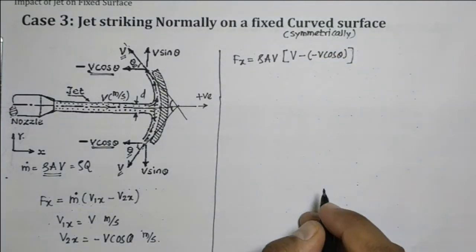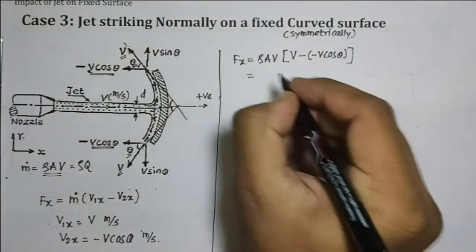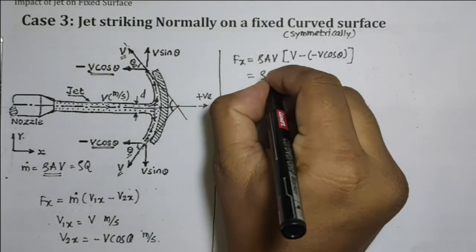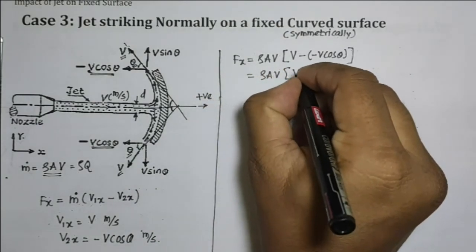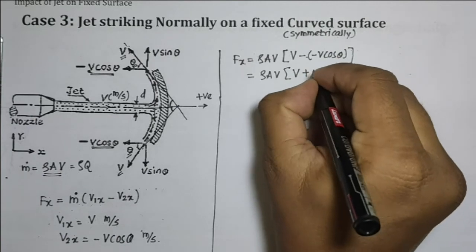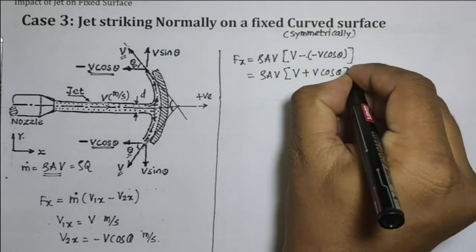This bracket is completed, so we will just solve this equation. Rho a v in bracket v minus minus will become plus v cos theta.